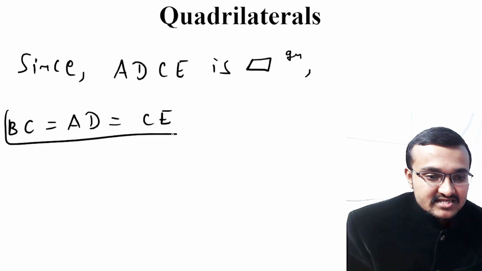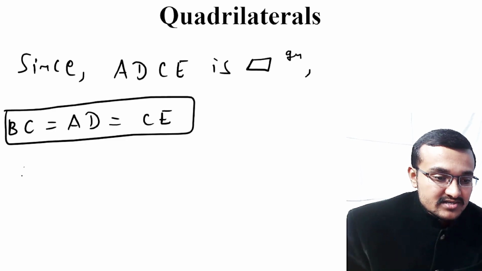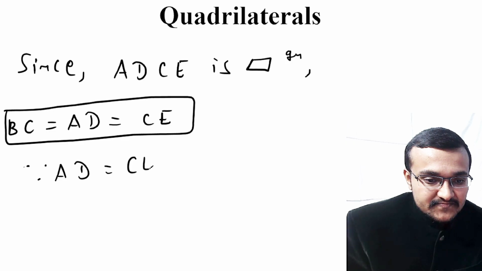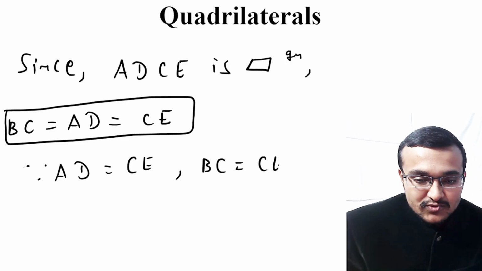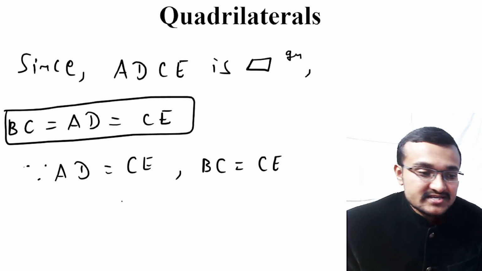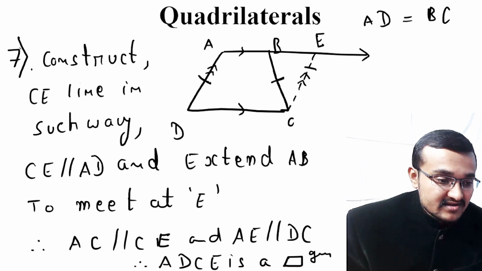That means BC is equal to AD is equal to CE. Since AD is equal to CE, BC is also equal to CE. So since BC is equal to CE, here you can see BCE is a triangle.